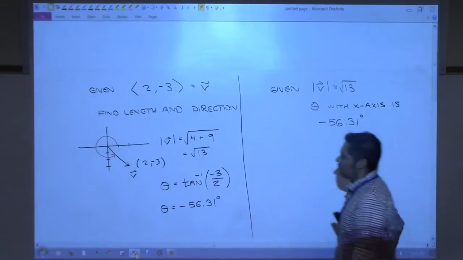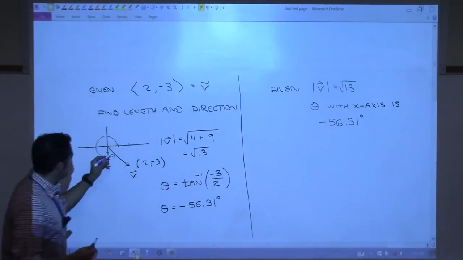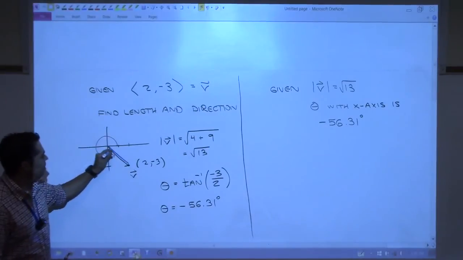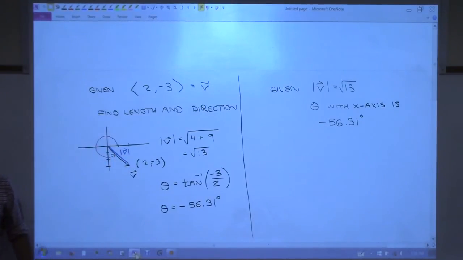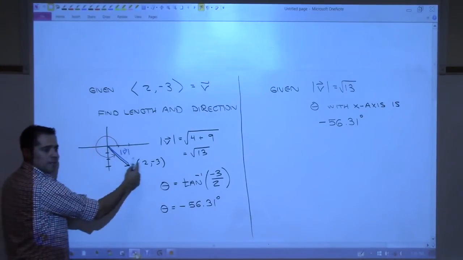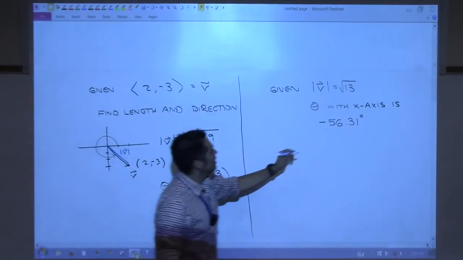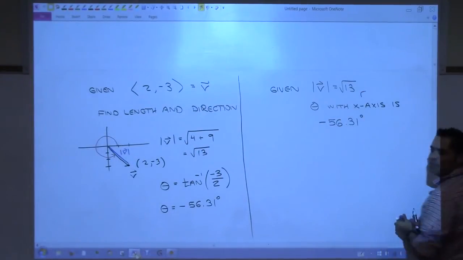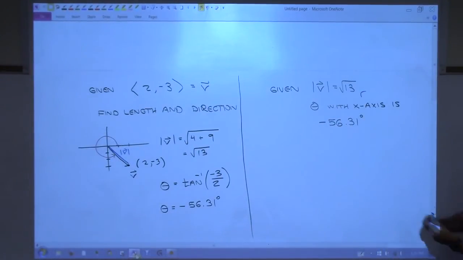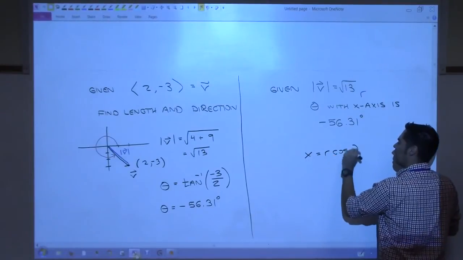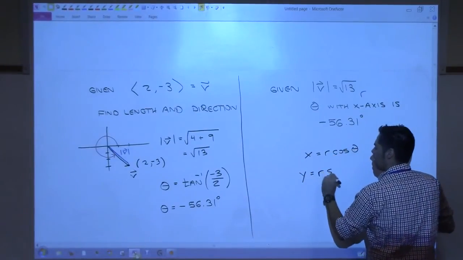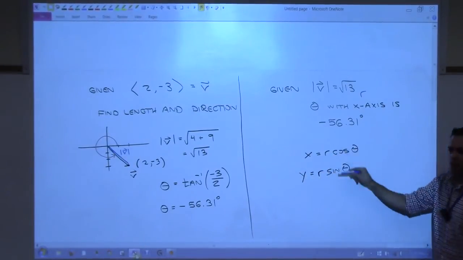Well, look, isn't the length of v, that blue, equivalent to r from pre-cal? Isn't that the radius to this point? So this is actually r. And we also have theta. So if you just go to your two formulas, x was r cosine theta, and y was r sine theta, we should be able to get the x and y coordinates of the point.